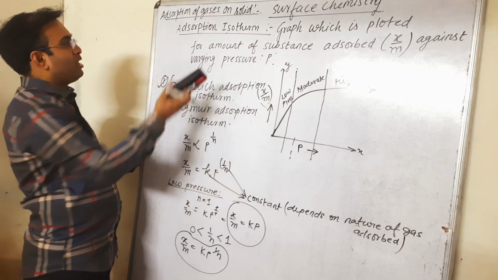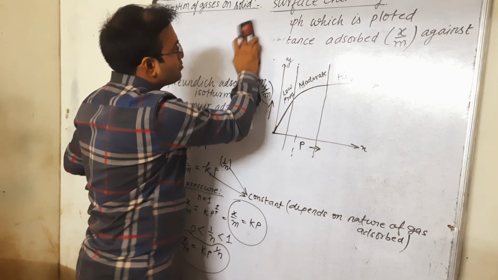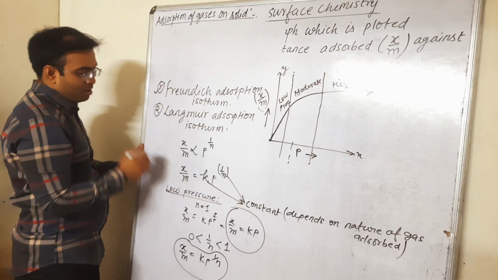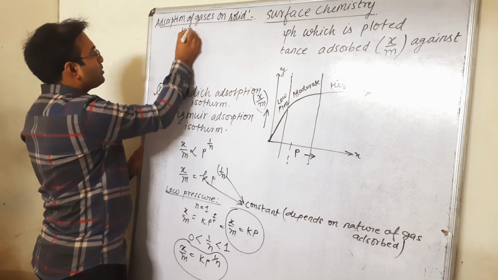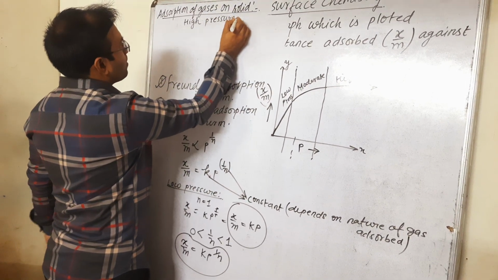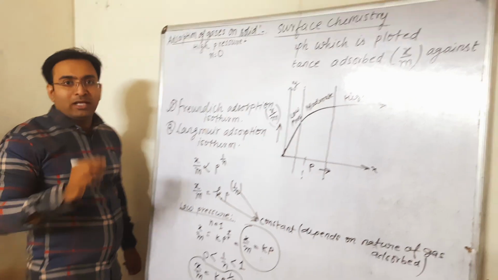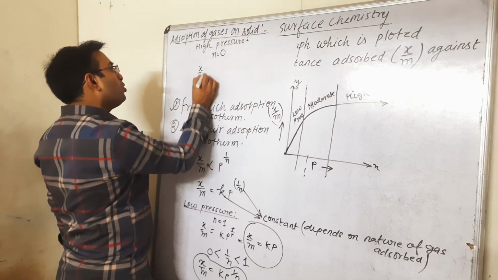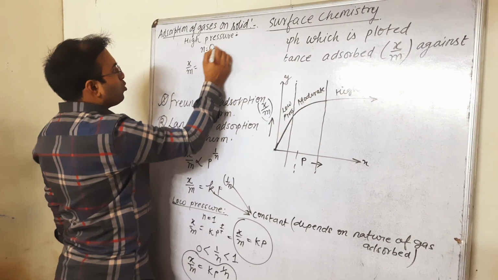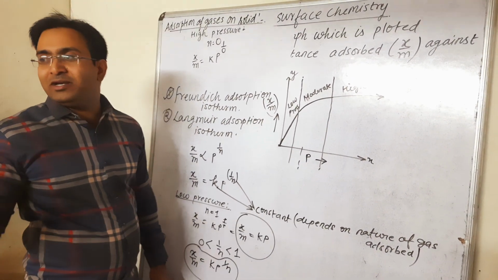Now, in the last, the high pressure region, the value of n will become 0. If n has become 0, students, what is the value of 1 upon 0? Infinity.